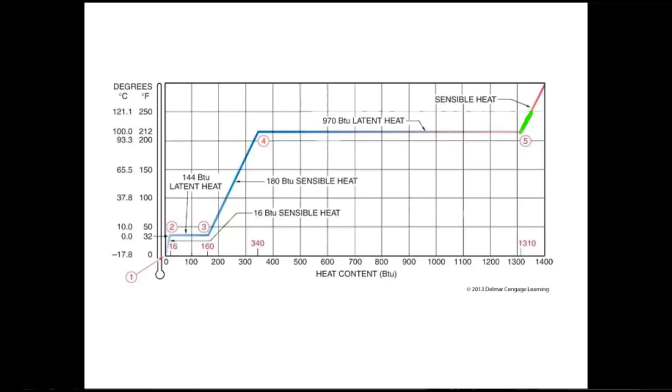So that is this part of the chart right here. So when you think about superheat, it is heat that is added above the saturation point after it turns into 100% vapor, whether it be water or refrigerant.